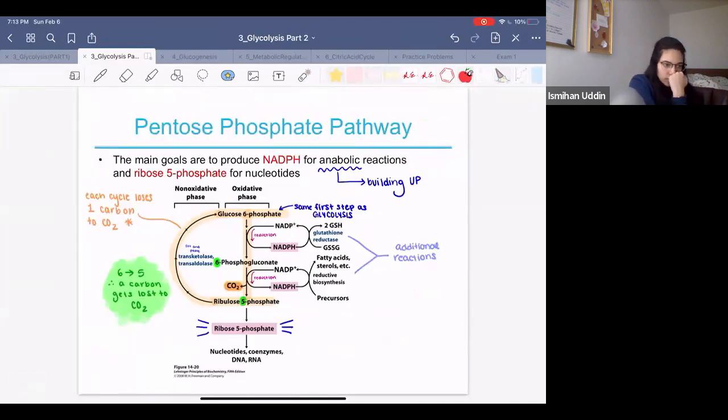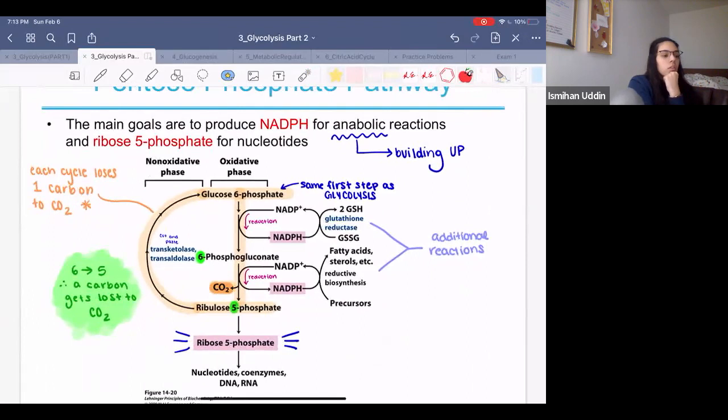All right, pentose phosphate pathway. The main goal is to produce NADPH for anabolic reactions. Anabolic means building up. So we're at glucose 6-phosphate. Remember how I said the first commitment step was the conversion of fructose 6-phosphate to fructose 1,6-bisphosphate.